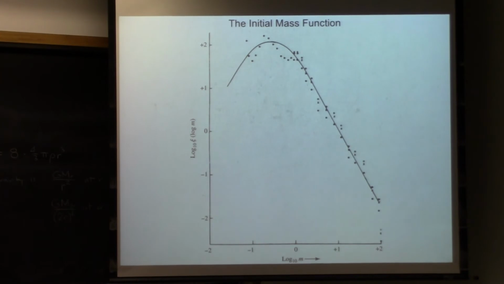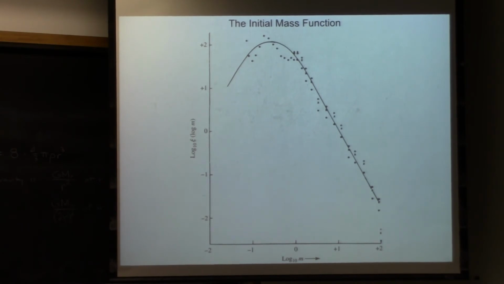Notice the initial mass function there is essentially a plot of star formation rate in the galaxy versus the logarithm of the mass, and 0 would be the sun's mass, in terms of solar masses. It's a logarithmic scale, so it's compressing things a lot.